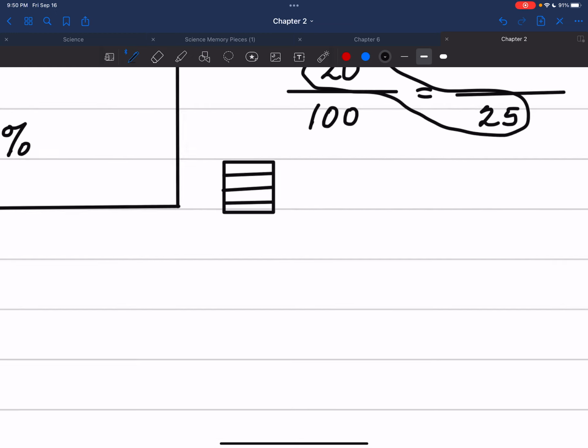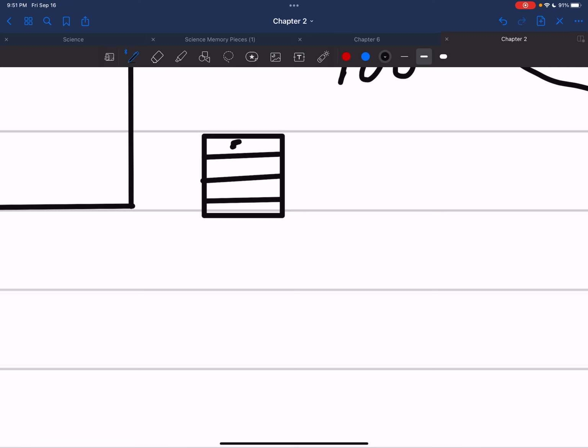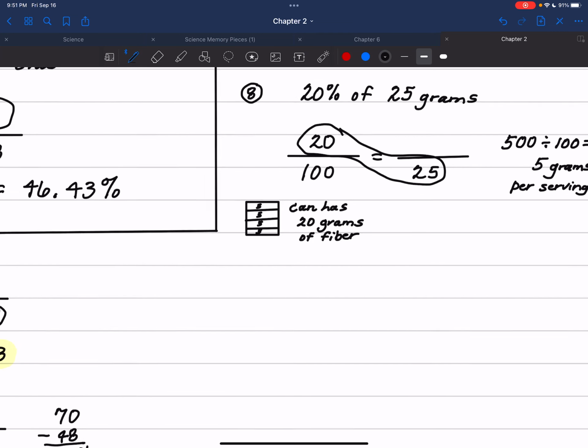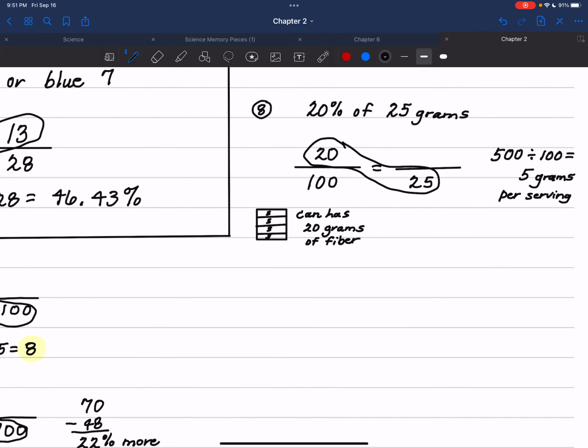And each of those is 5 grams. So 5, 10, 15, 20. A can contains 20 grams of dietary fiber. 20 is 5 times 4. And that is answer D, as in dog.